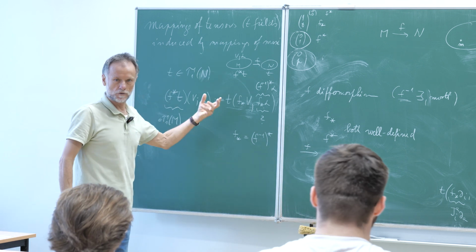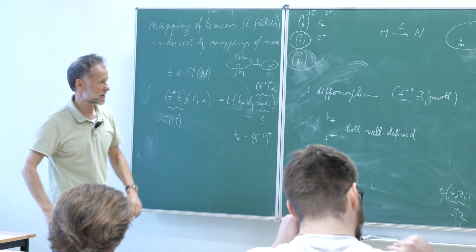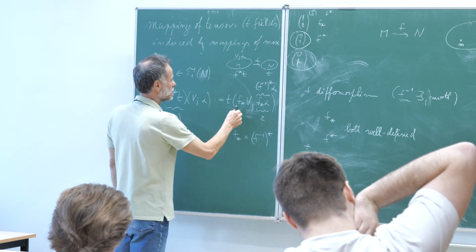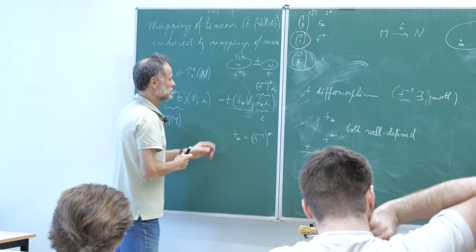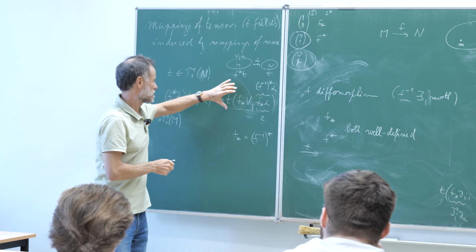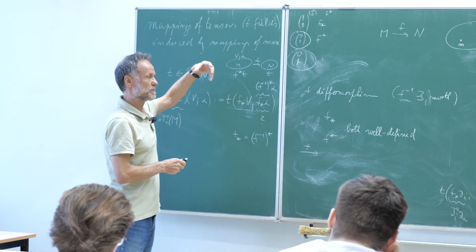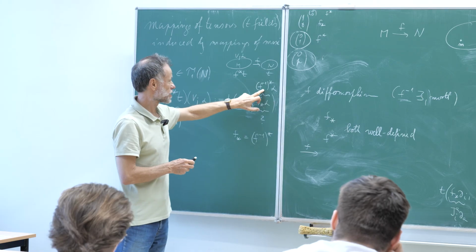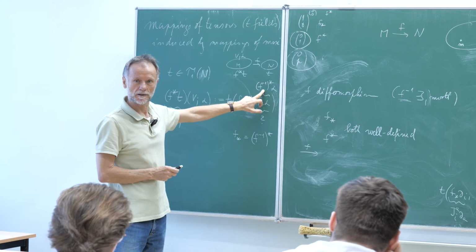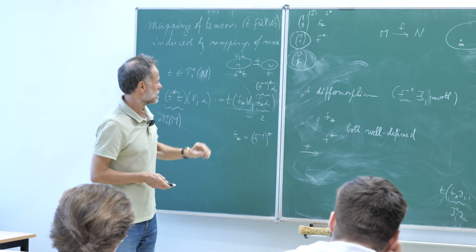And if you do it in coordinates, I will put it as an exercise. Here we have some Jacobi matrix, which is the Jacobi matrix of the mapping F. But here we have the Jacobi matrix of F to minus 1, which are different, yes?